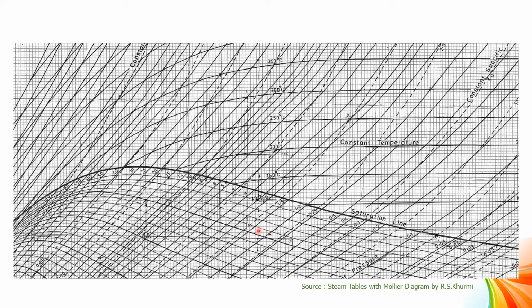So in our problem, they have given the pressure at the inlet as 15 bar and temperature T1 equal to 350 degrees centigrade. First we have to find out the quality of steam at the inlet of the nozzle.